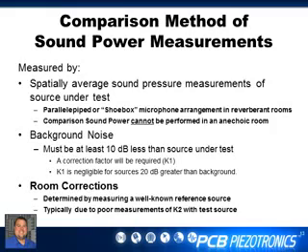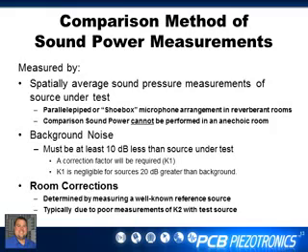Since sometimes you can't use your source under test for some reason as a way of determining your room corrections, an additional measurement may be required using a calibrated source, and this then determines the room corrections, and it's called a comparison method of sound power instead of a direct method.